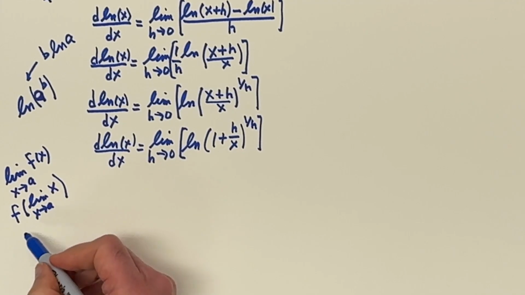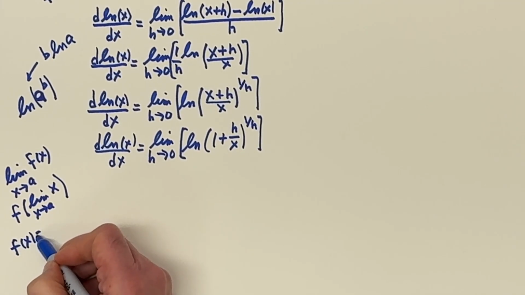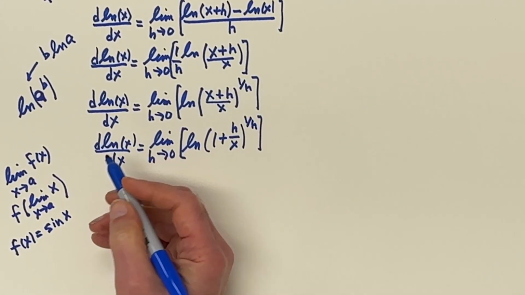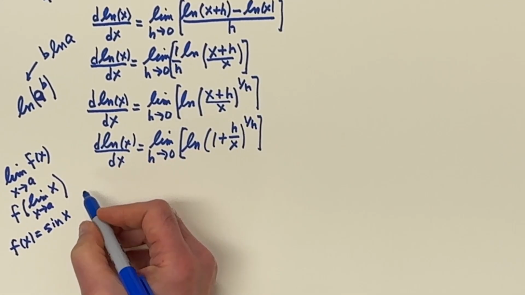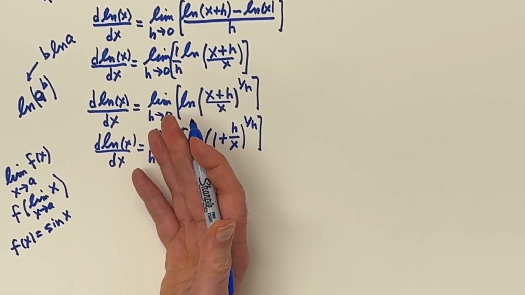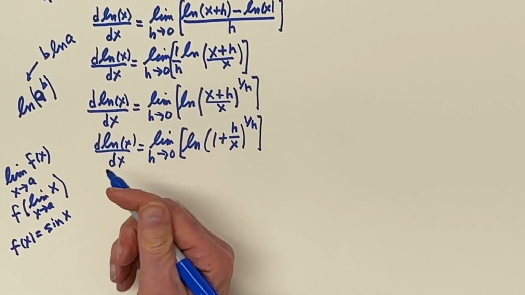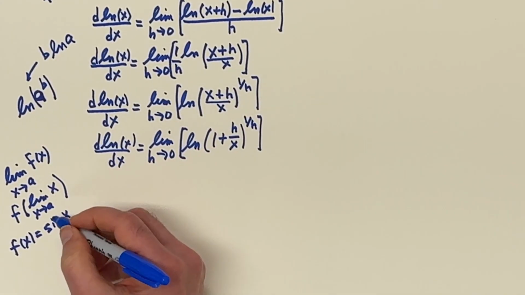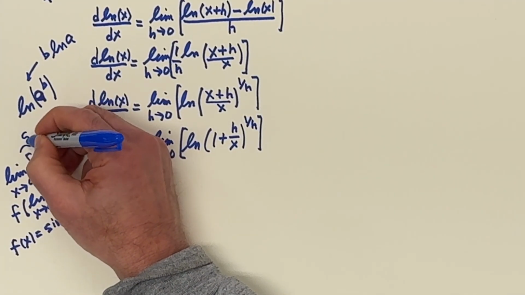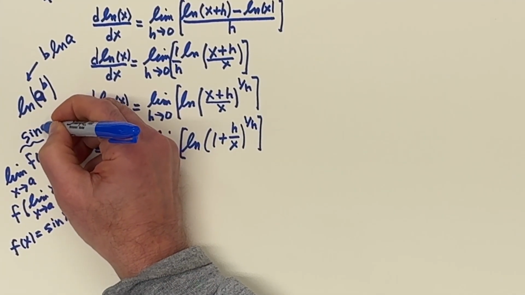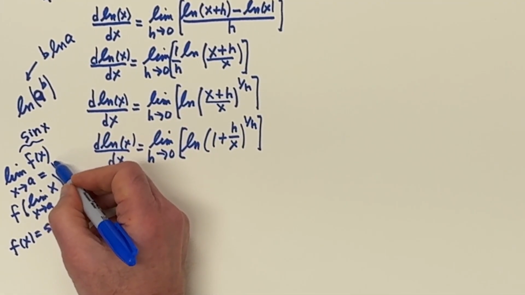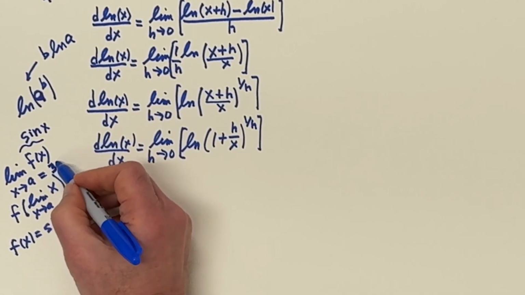For example, if we had f of x equal to the sine of x, and say we want to let x slide to a, then if I looked at this form, I would have the sine of x, and let's go ahead and say a is 30 degrees, or pi over 6.